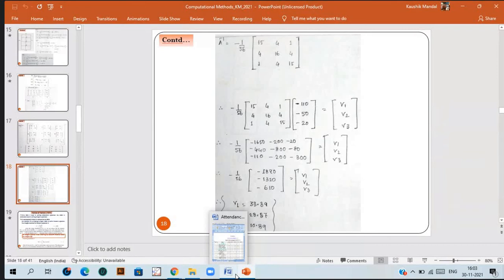This part is basically the very basics of the computational methods. If you go through the books or this particular PPT, there will be no problem solving this type of differential equations using the finite difference method or finite element method.